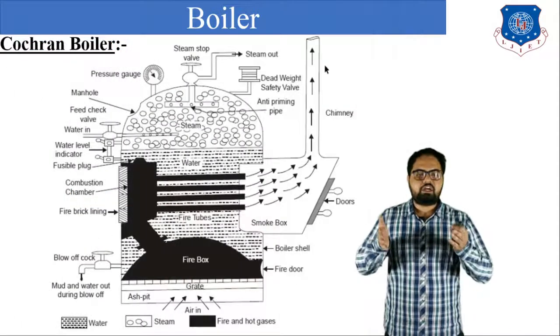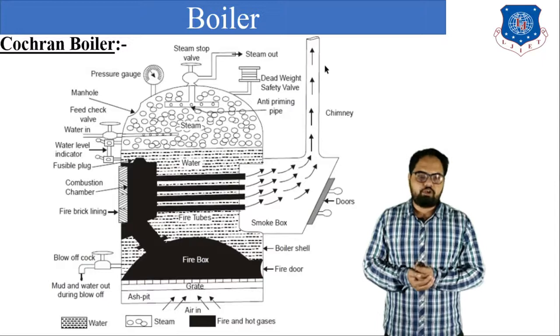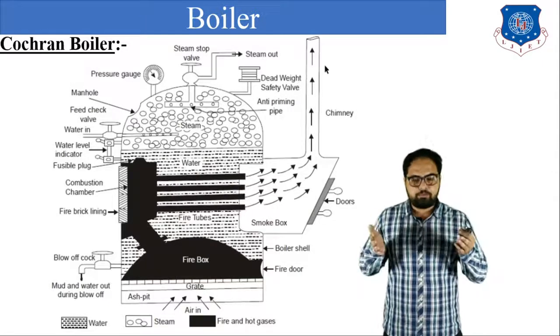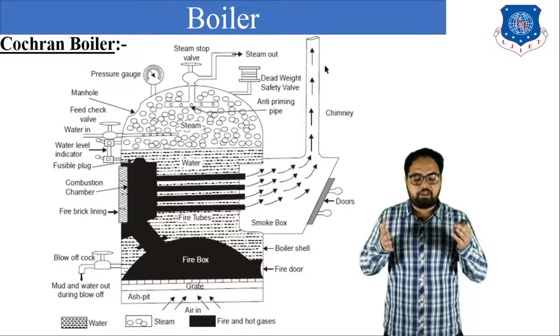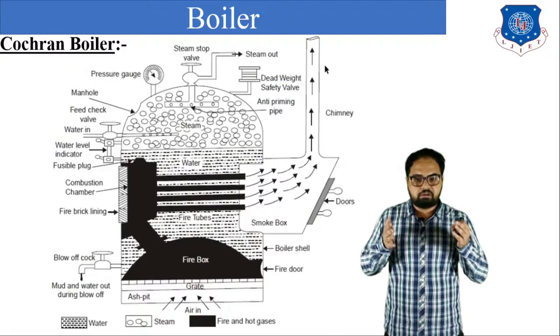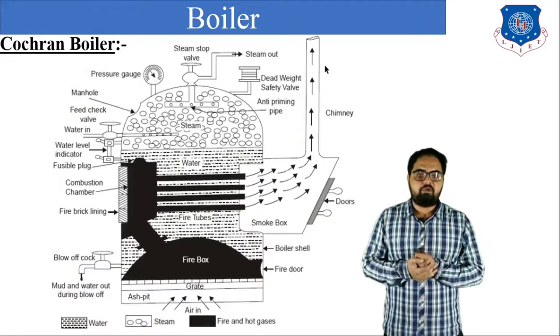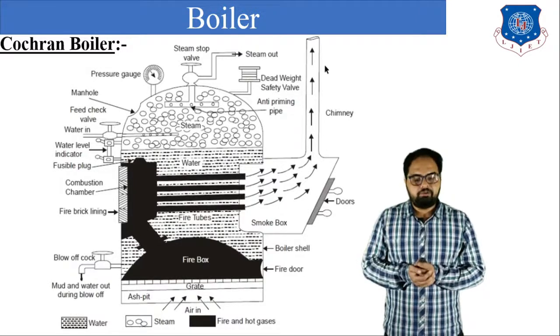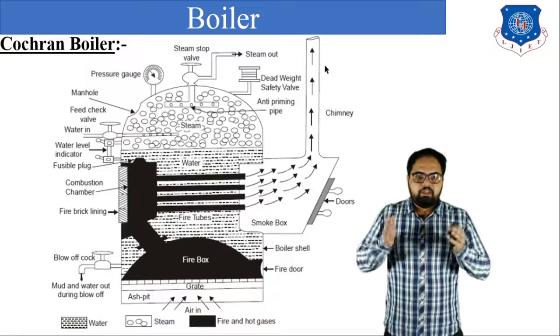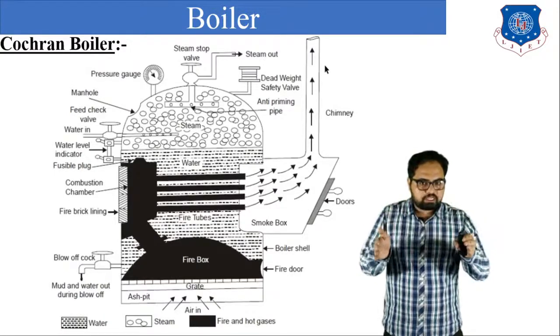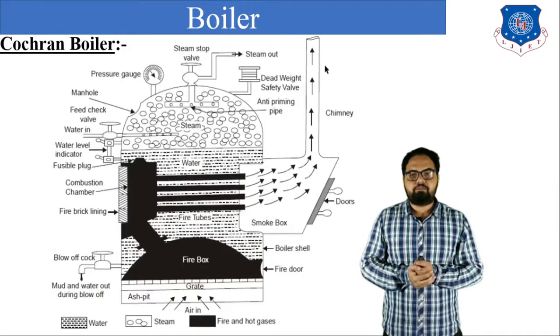So let's discuss the construction of the Cochran boiler. A smoke chamber, chimney, firebox, fire tubes, grate, combustion chamber, water level indicator, pressure gauge, steam stop valve and dead weight safety valve are all fitted. The top portion of the boiler is designed in a hemispherical shape.